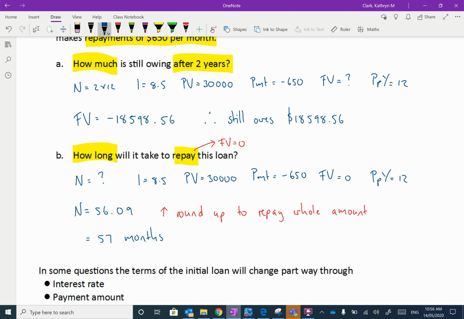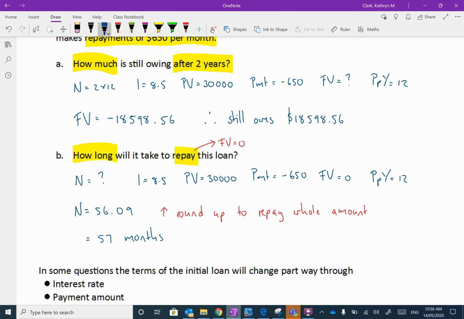Right, now there are more notes to go through, but I'm actually going to leave this one here, and we're going to come back and do this bit when we're back at school, because I think you guys need to just work on doing basic ones before we get into some of these ones where the terms of the loan change. So we're just going to leave that for the moment.